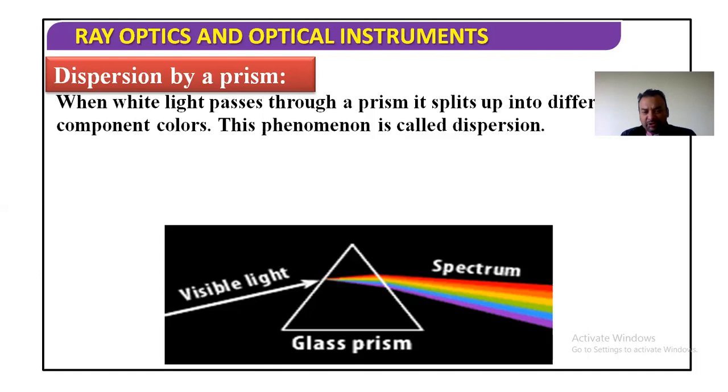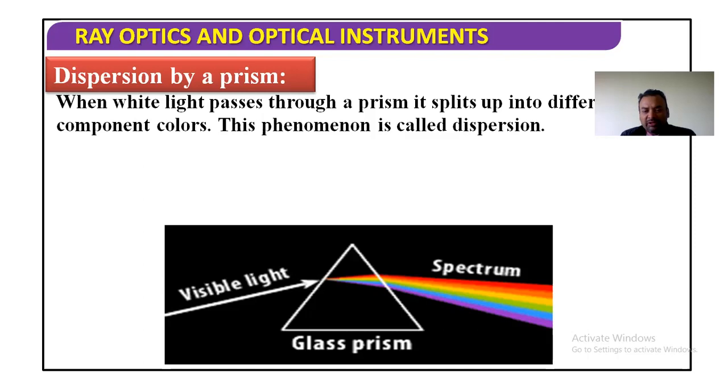Light can be dispersed through many objects, like even a water drop present in the atmosphere that can also behave like a prism. You must have seen the rainbow, the primary rainbow, the secondary rainbow. That is happening not through a prism, but through the water droplets present in the atmosphere.